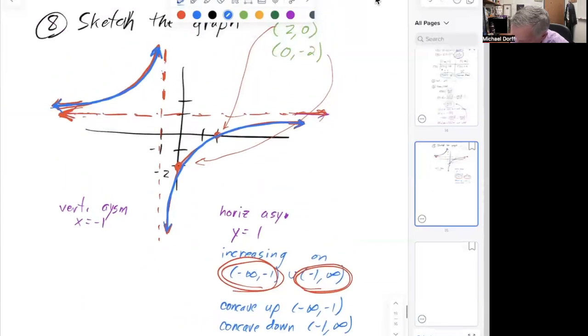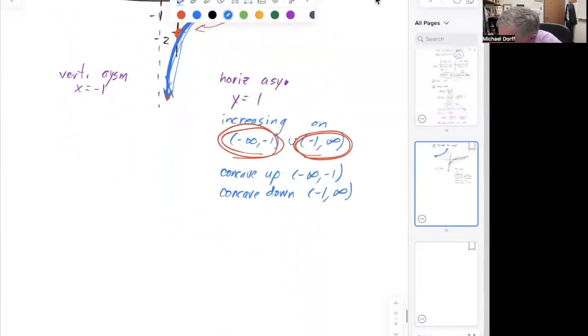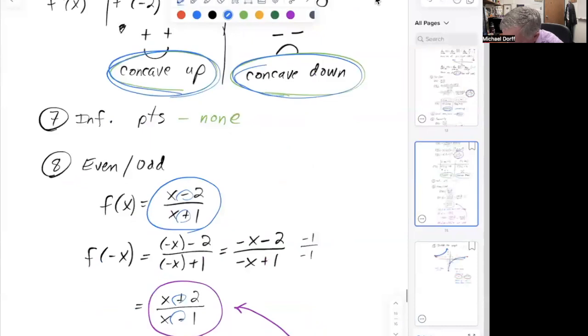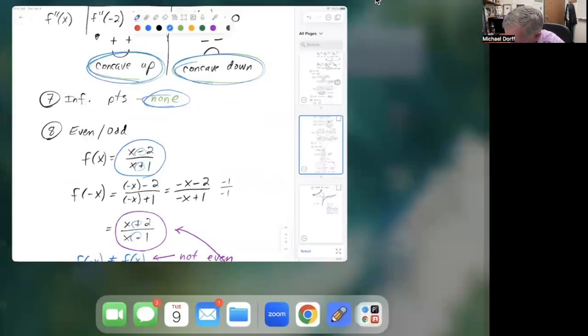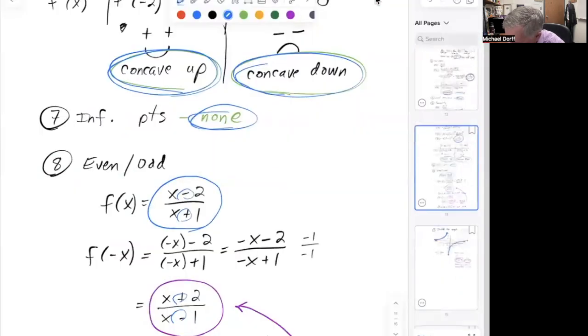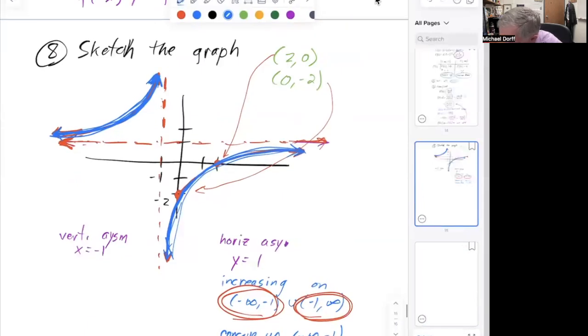And that matches what we have right now in our graph, right? Concave up here, trying to redraw my graph, and concave down here. Okay. Then we had in part 7, no inflection points. Whoops. And that matches with what we have, no inflection points.